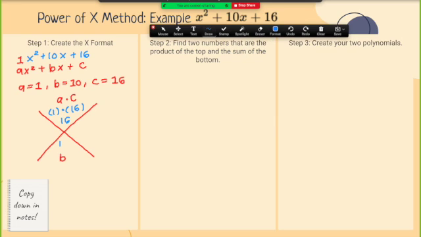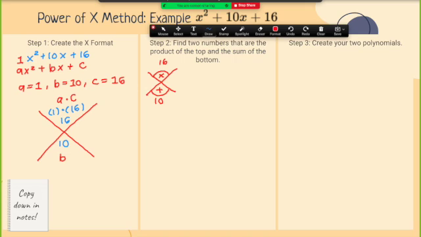So 10 goes on the bottom of the x. So now that we know what is on the top and bottom of our x here, what we want to do is find two numbers that will go on the left and right side. These two numbers need to be able to multiply to get 16, but also add to get 10.